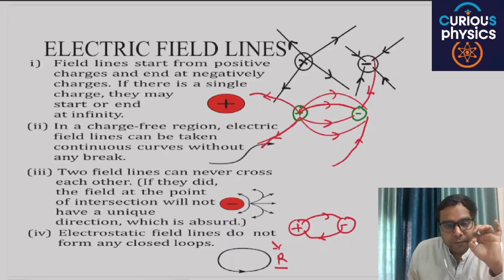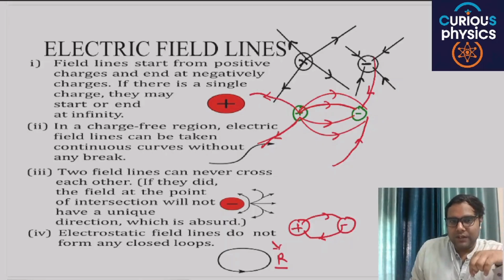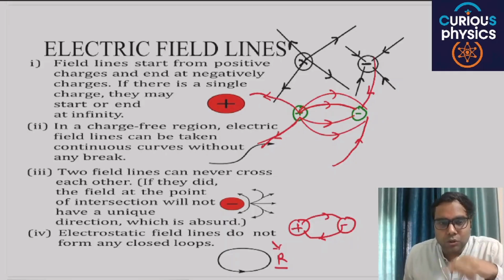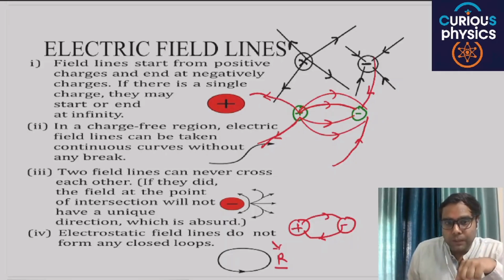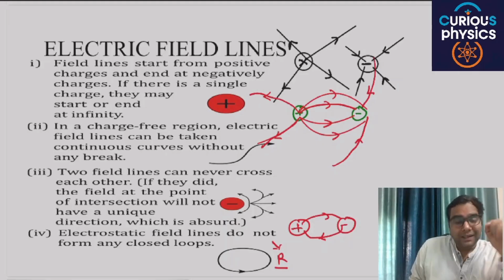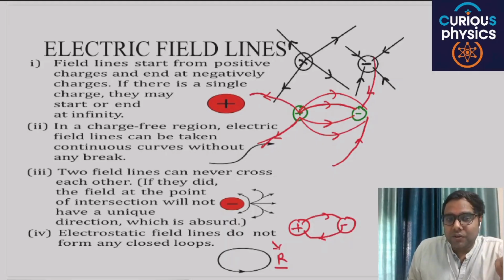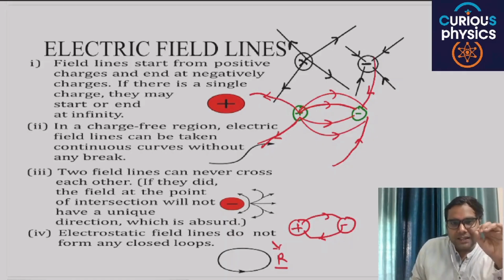If electrostatic force is a conservative force and it makes a closed loop, then in the closed loop the work done would not be zero. But for a conservative force, the work done should be zero. So to avoid this contradiction, they never form closed loops.